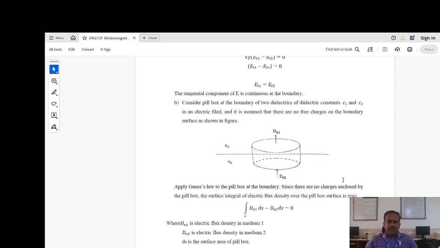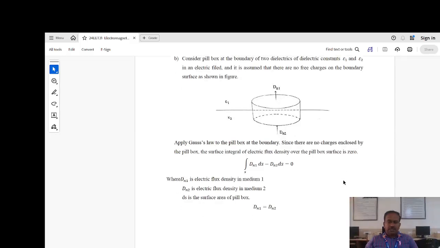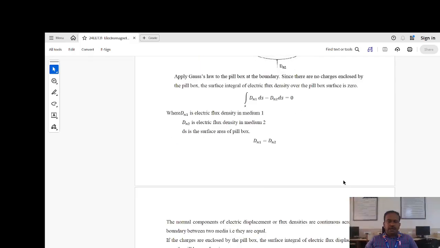So the surface integral of Dn1 ds minus Dn2 ds equals 0, where Dn1 is the electric flux density in medium 1, Dn2 is the electric flux density in medium 2, and ds is the surface area of the pillbox. From this we obtain Dn1 equals Dn2. So the normal component of electric displacement, or flux density, is continuous across the boundary between two media; that is, they are equal.